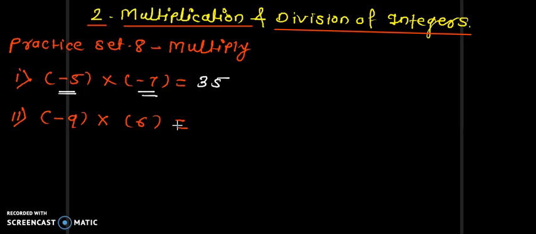Repeat again, the product of one negative integer and one plus integer is equal to a negative integer. Means 9 multiplied by 6 is equal to 54. Which 54? Minus 54. Okay, this minus 54 is your answer of question number second.